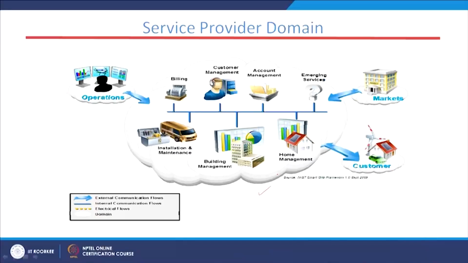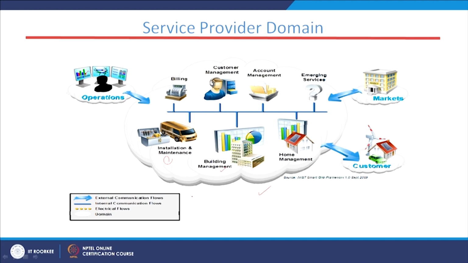Now, this is how the definition goes as far as the service provider domain is concerned, and coming to the very basic block diagram of this service provider domain, what are the components of this particular domain? The first component, I will just start from here: installation and maintenance.